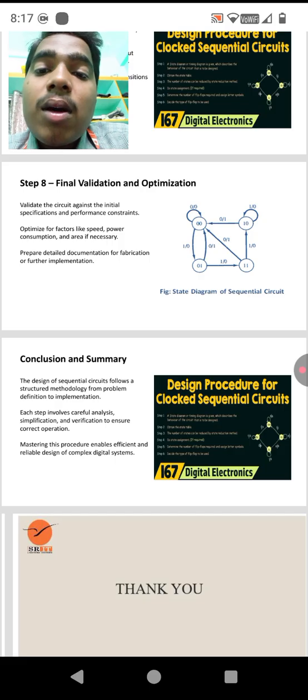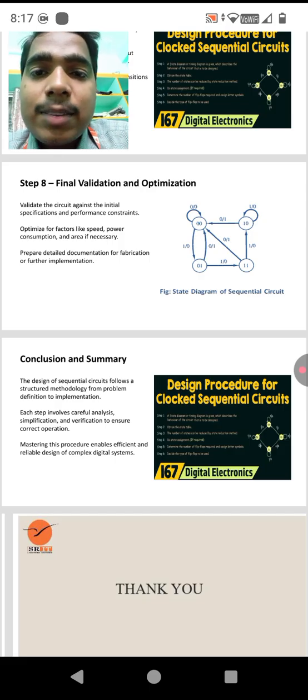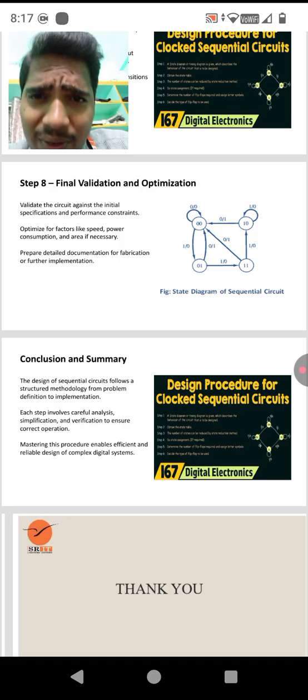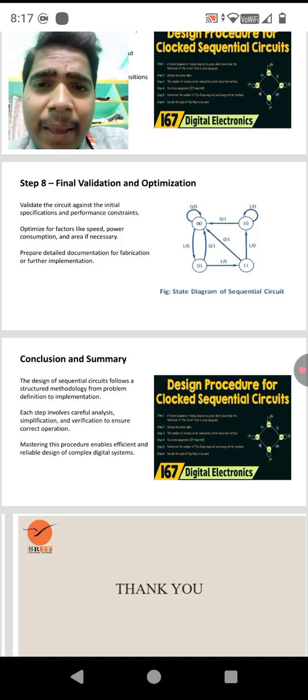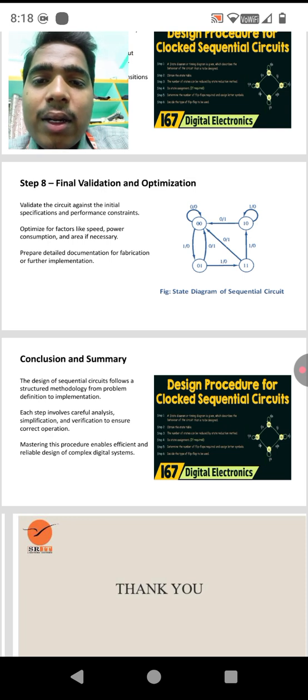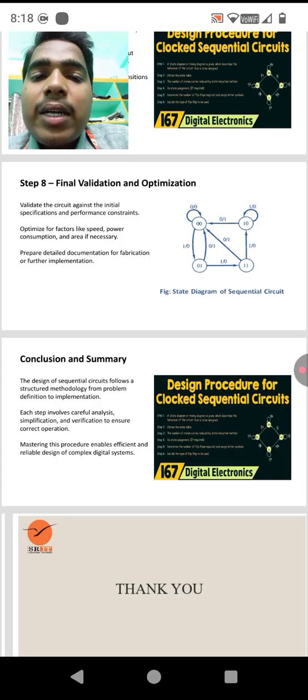Optimize for factors like speed, power consumption and area if necessary. Prepare detailed documentation for fabrication or future implementation. Figure: state diagram for sequential circuit.